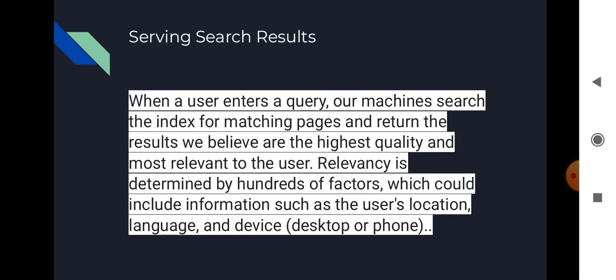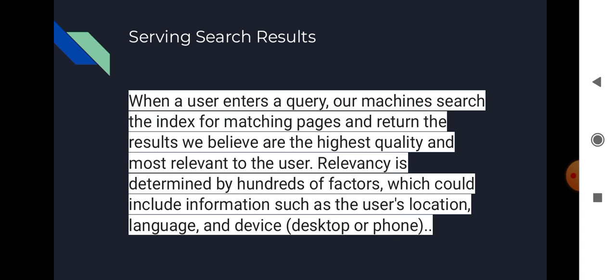Coming to the third stage, that is serving search results. We understand that when a user enters a query, a machine searches the index for matching pages and returns the results we believe are the highest quality and most relevant to the user. Relevancy is determined by hundreds of factors, which could include information such as the user's location, language, and device.